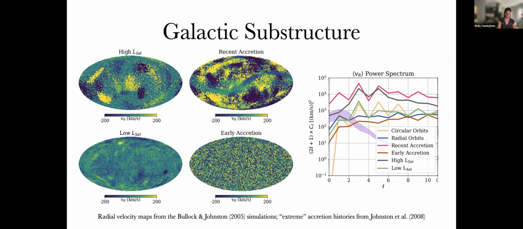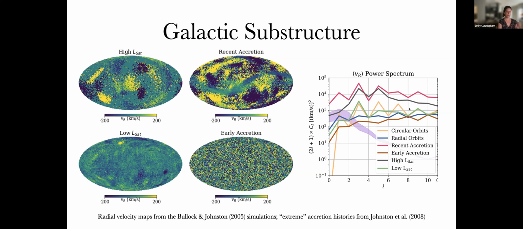And so what we see when we compute the power spectra for these maps, here I'm showing you the range of power spectra from Nico's LMC only simulations in the purple shaded region. In general, we see that these halos are contributing more on smaller spatial scales, so higher L values, than the LMC simulations.